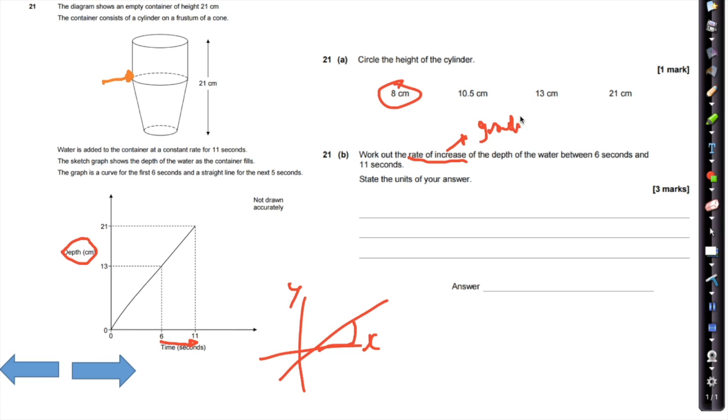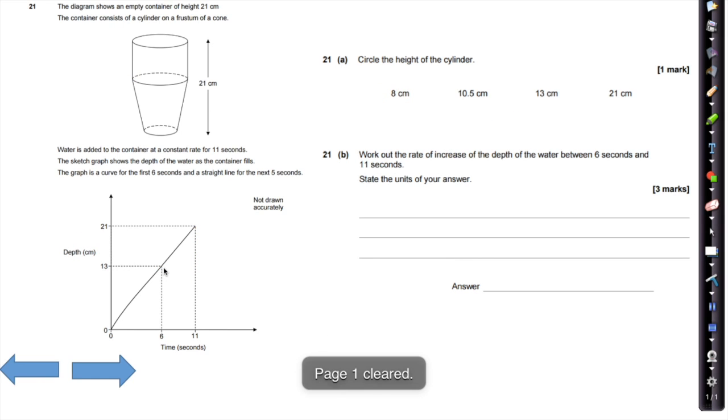The gradient is just the change in y divided by the change in x. So in terms of between 6 and 11 seconds, we want to know what is our change in y and what is our change in x. Our change in y is going to be 8. Our change in x is 5.